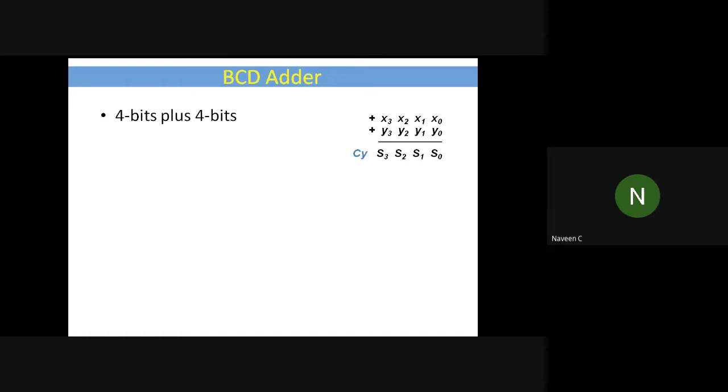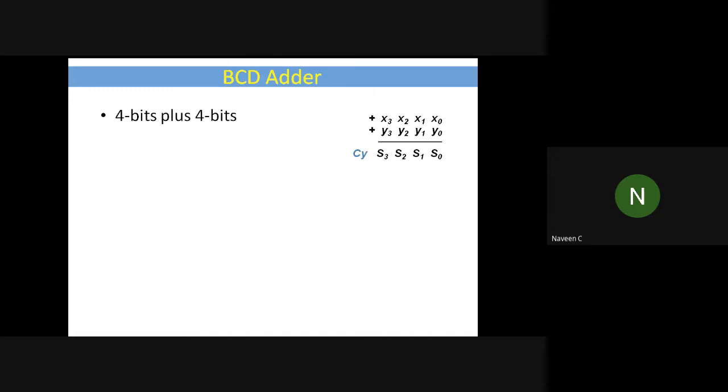decimal numbers. Decimal numbers are whatever we are using generally, like 10, 20, 30, 40, 50. Whenever the position of a number moves from right to left, each digit has a power of 10.